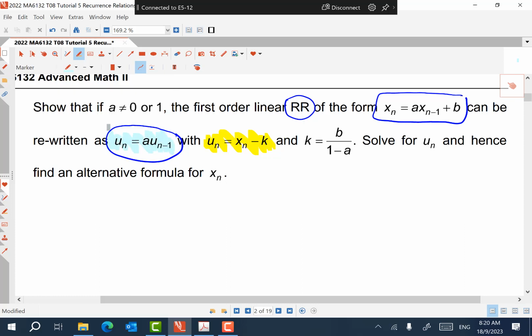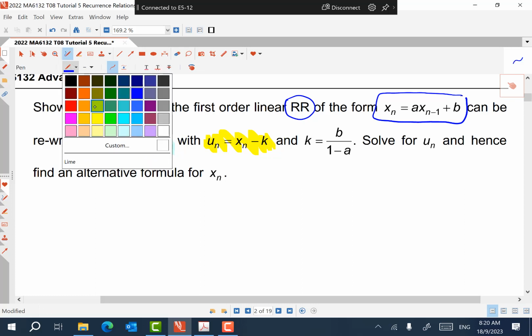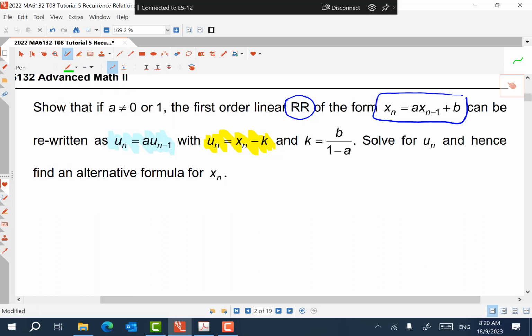In the rectangular box, if you use the yellow, you can rewrite the rectangular box as the blue patch. So let me draw you an arrow to help you see things better. What the question says is, the blue box through the yellow patch becomes the blue patch.